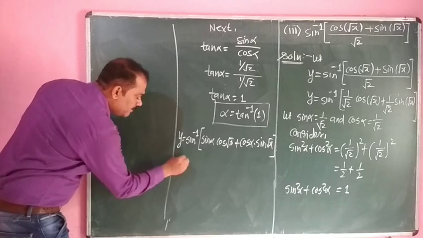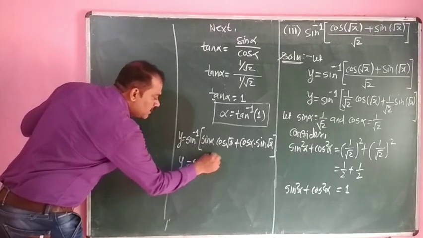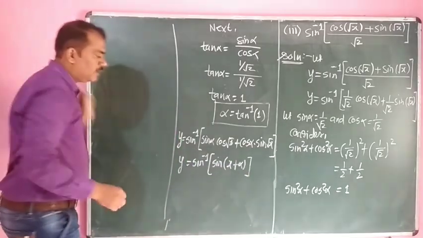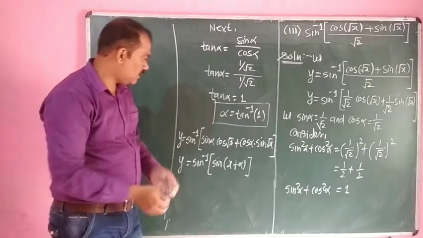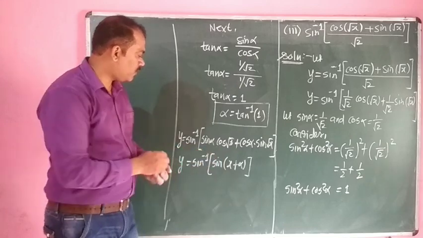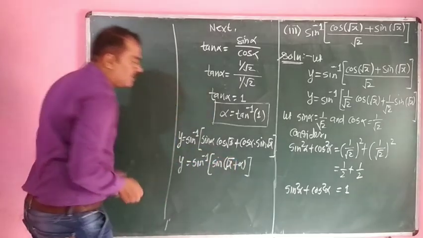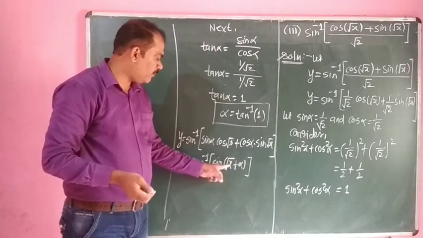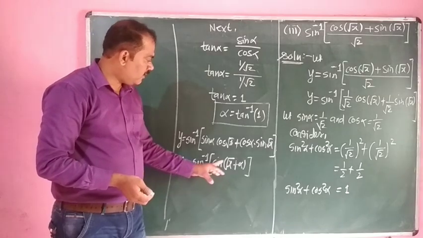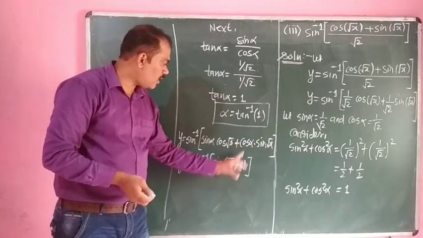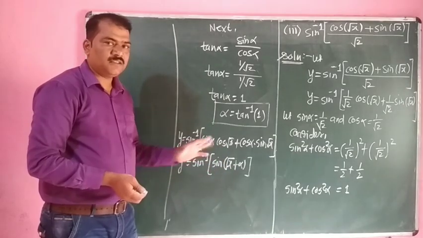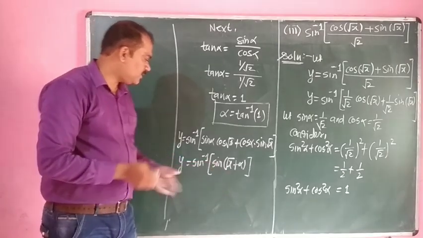Sin cos cos sin, it means this formula is related to sin of x plus alpha. Sin of root x plus alpha, its expansion is nothing but sin of root x into cos alpha plus cos of root x into sin alpha.